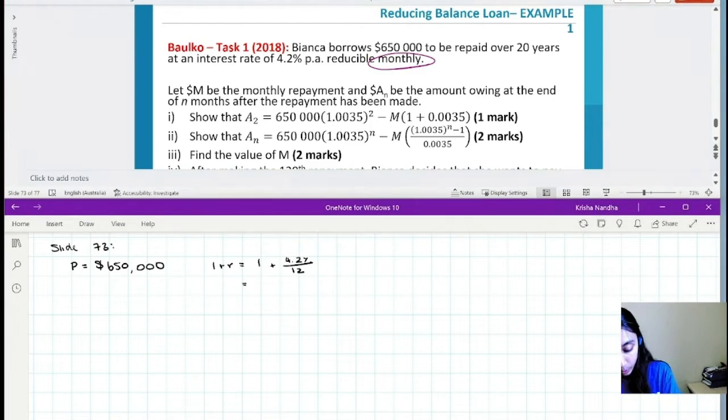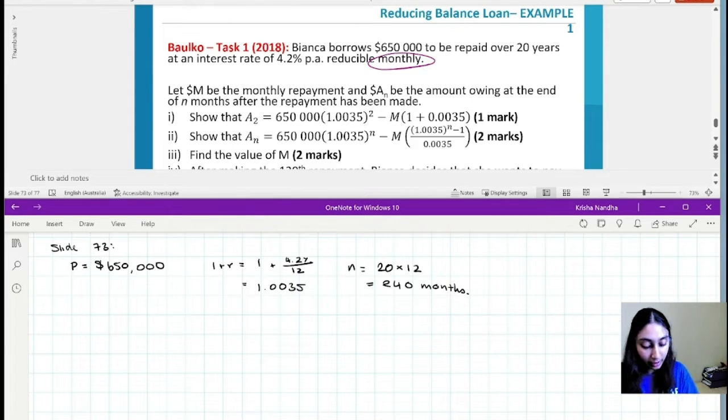That will be 1.0035. And then our N. It's going to take her 20 years, but N is in months. So 20 times 12 months is 240 months. I think that's all that we need at the moment.